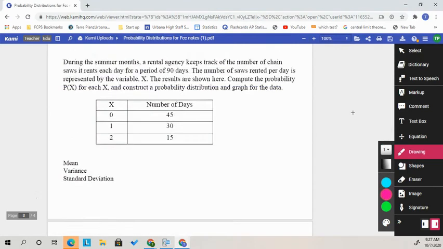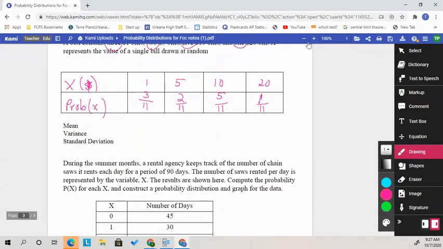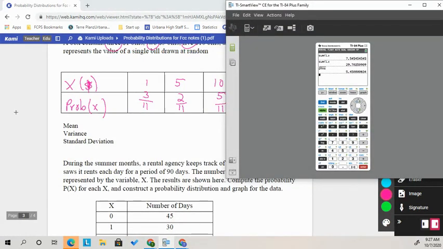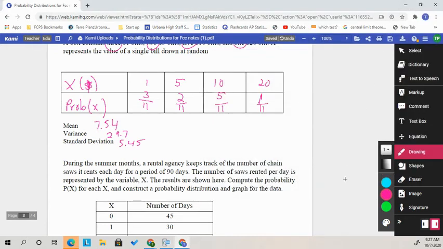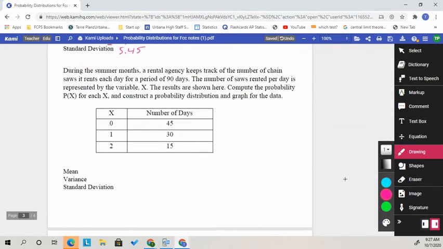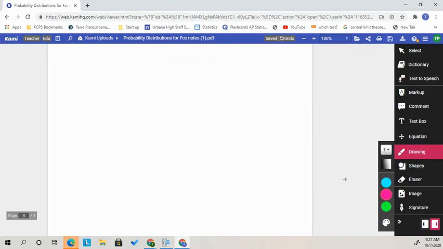So my answers for the mean, 7.54, variance 29.7, and standard deviation 5.54. There's our 3. All right, last example.